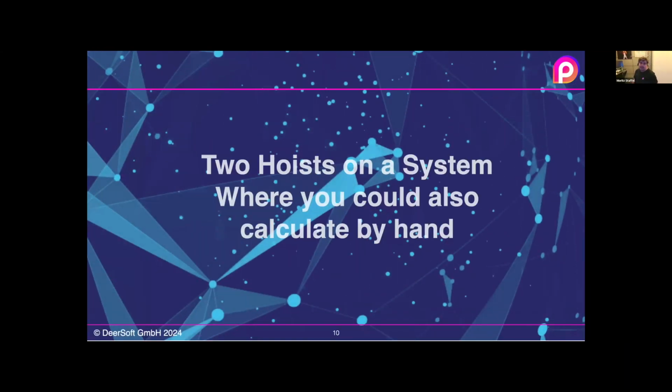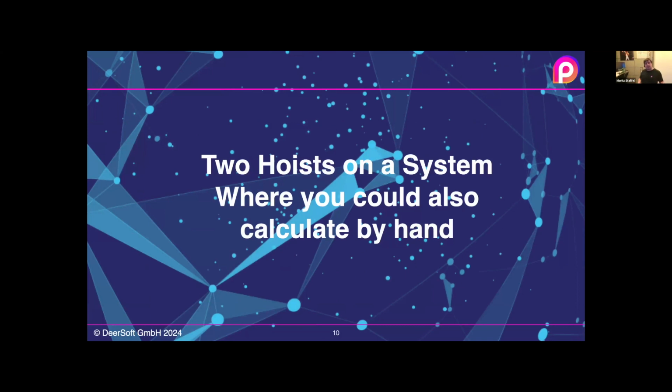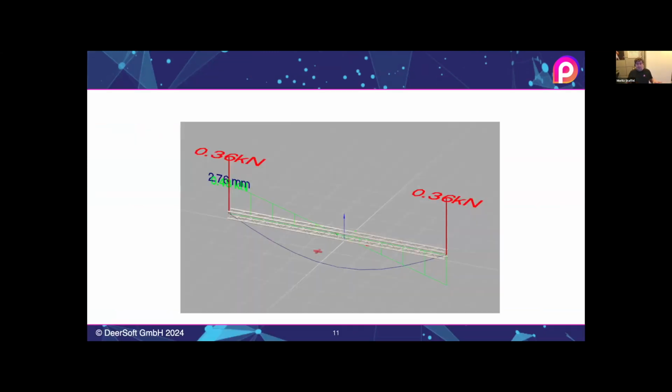The next thing that we actually want to have a look at is the plausibility of the calculations that we have. For this, we start with a really, really easy system: a hoist system with two hoists and the dead load of the truss as the only load.